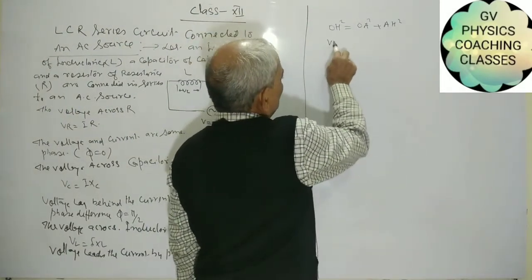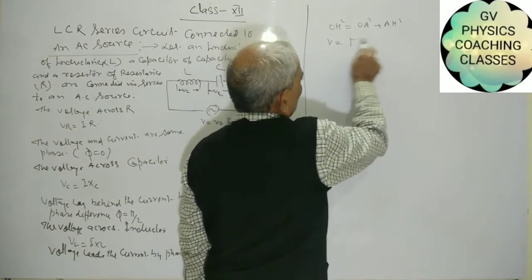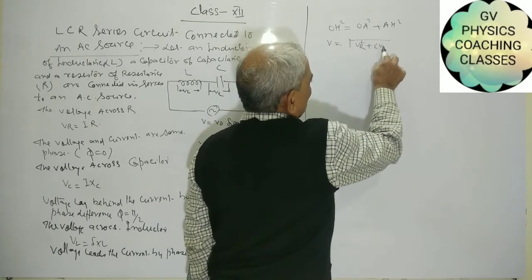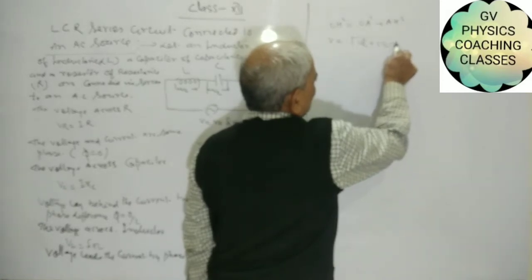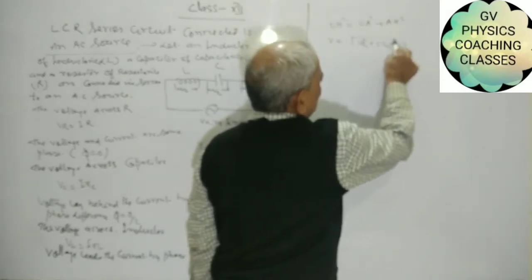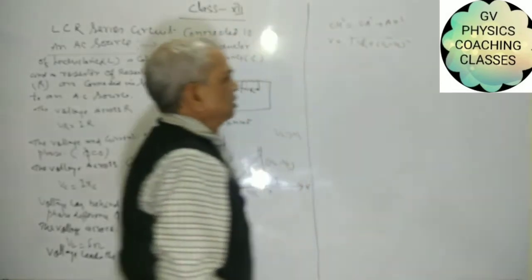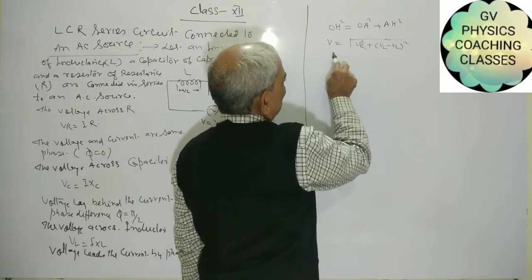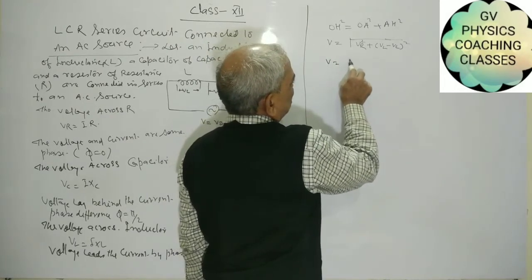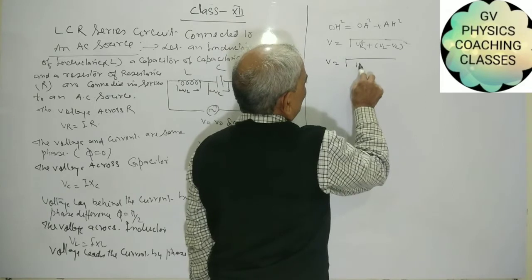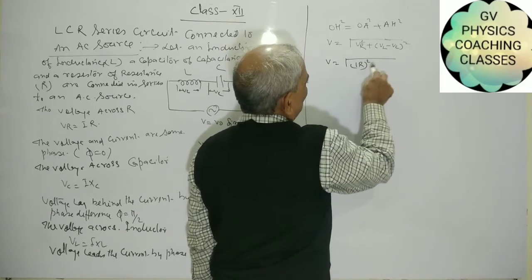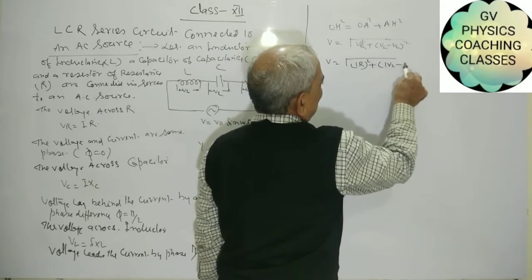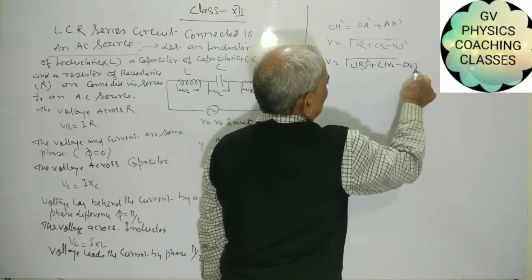So resultant voltage V is equal to the square root of VR square plus VL minus VC whole square, or V equal to the square root of IR whole square plus IXL minus IXC whole square.